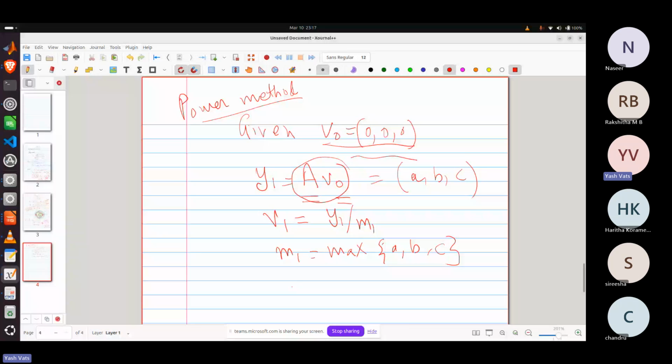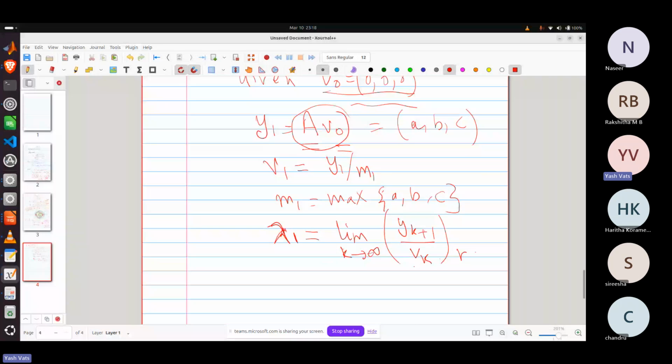So lambda 1, which is your first eigenvalue, is the limit as k goes to infinity of y_(k+1) divided by v_k, component r. Here r is basically your index a, b, c, like indexing y, so I just write 1 to n.